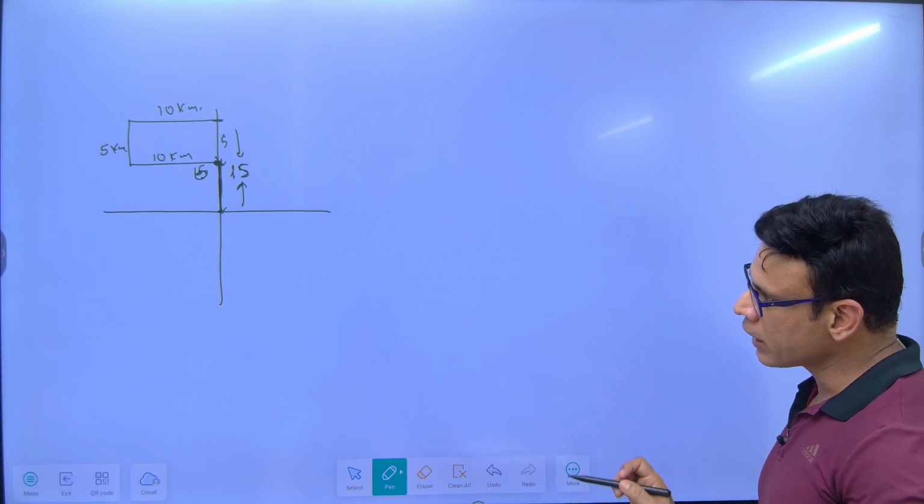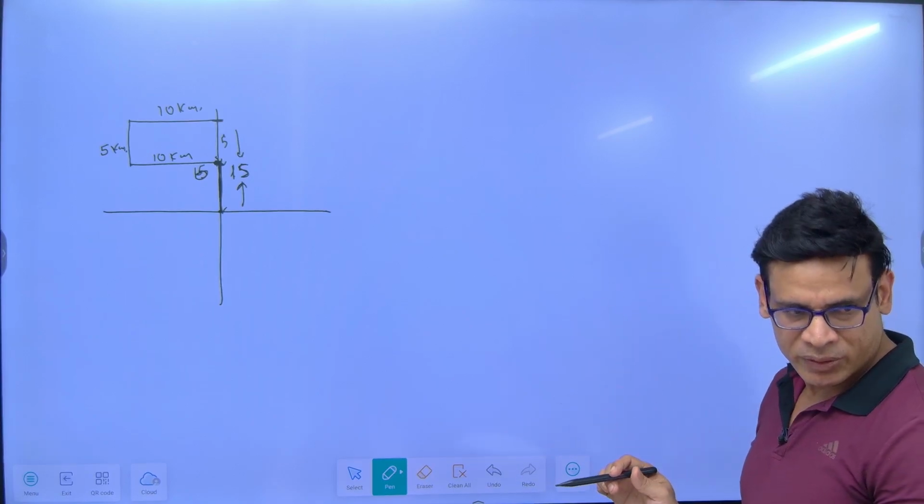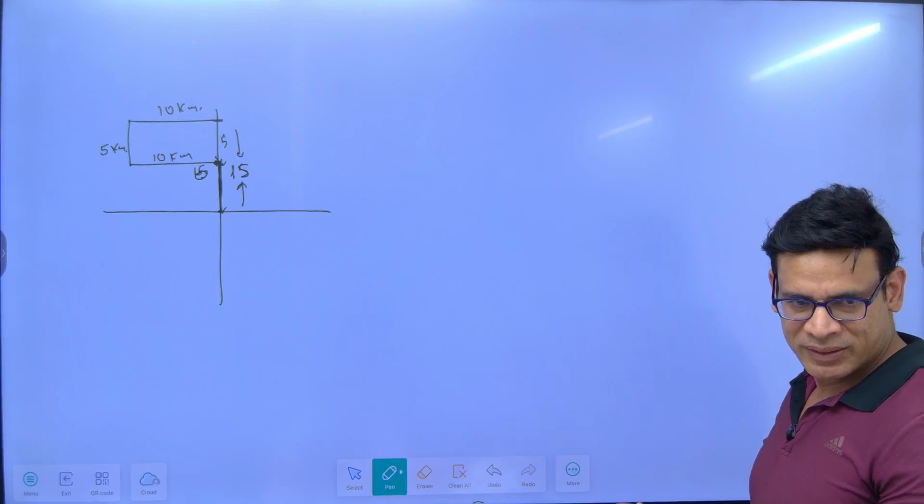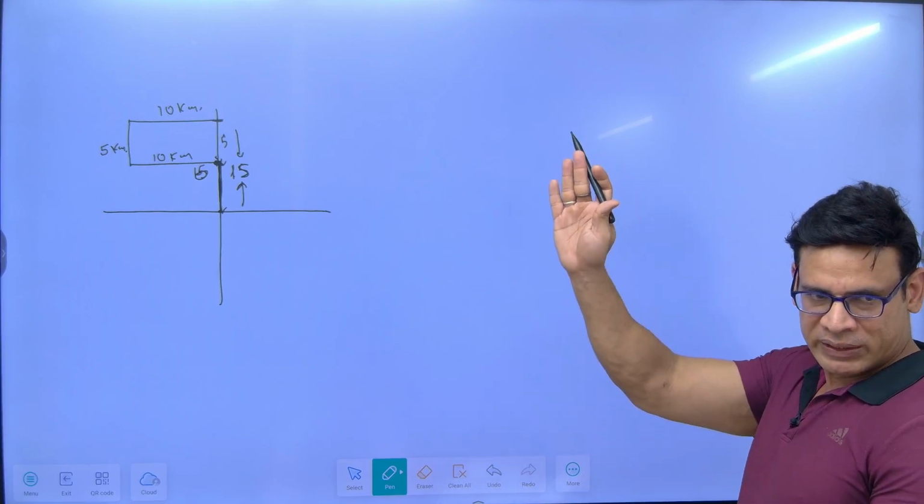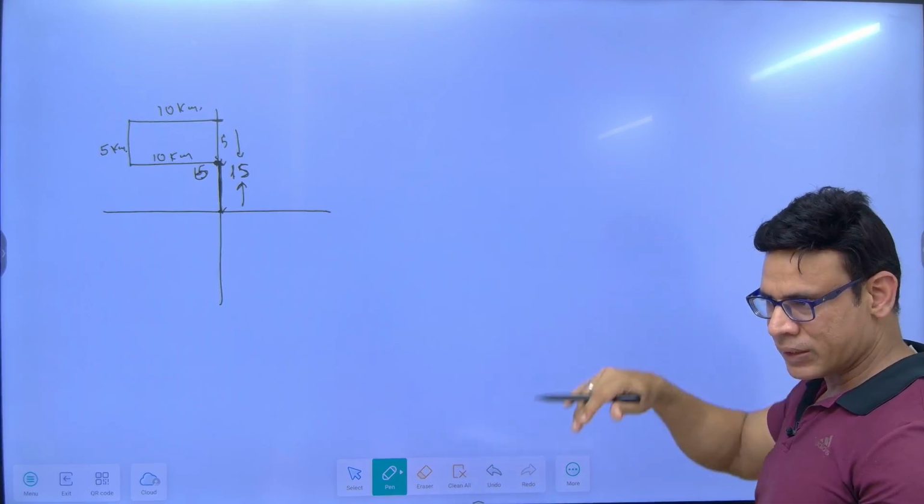Yeah, from his house is in which direction? From his house, you have to look at his direction. He is in north. He is facing east.